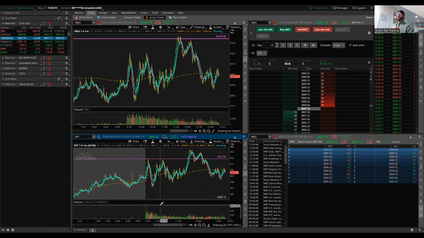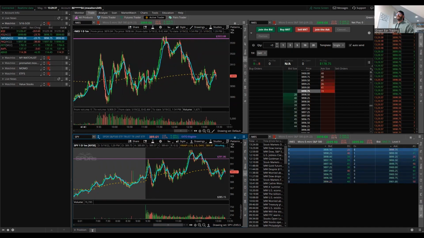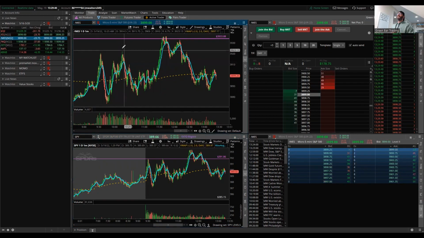Have technical levels on both the SPY and on the futures. That will help your trading immensely. And that's what I did today. So when price came up to this key level, I was shorting right here. So had a very nice trade right in there off the open, and then again right on this retest, another short.